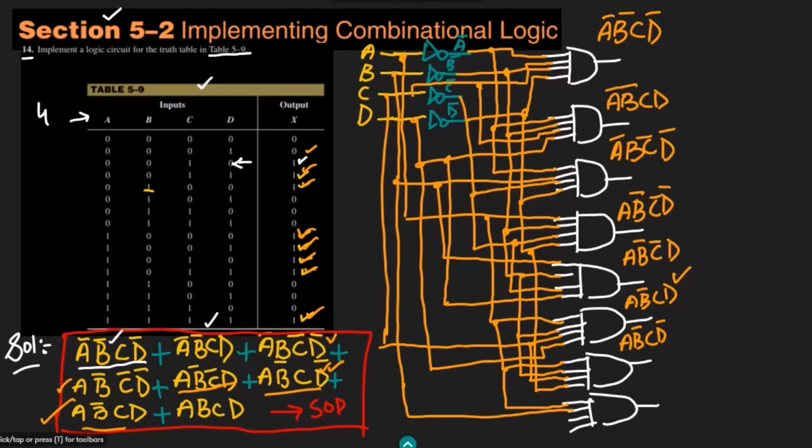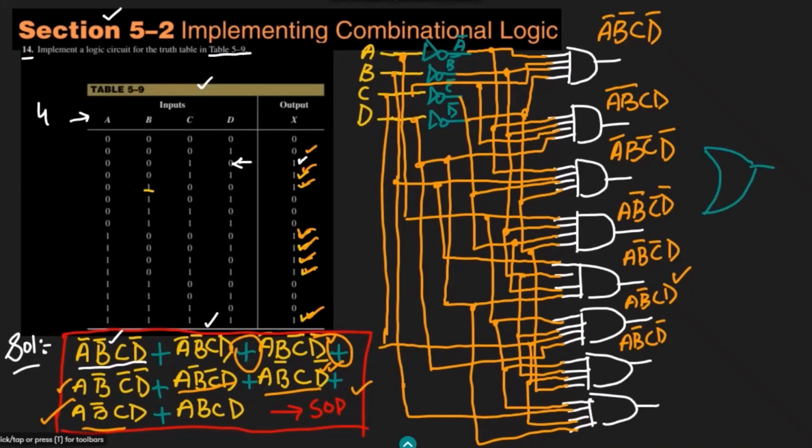So let me use this C from here and D from here. So what is this? This is basically the implementation of all the products. Now at the end I have to add them all together, and for the adder let me use this circuit.